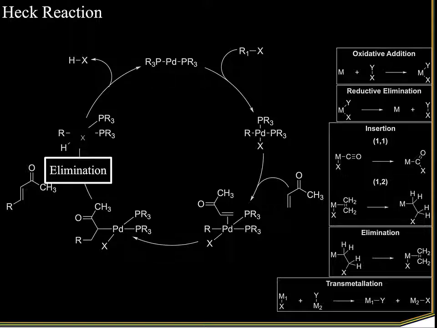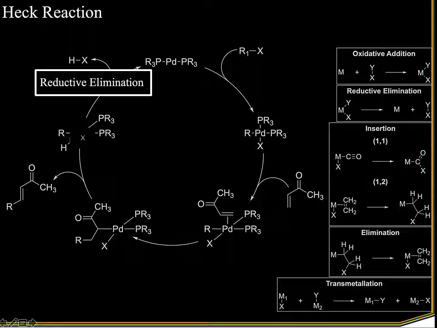Now we're left with a palladium that is bound to a hydrogen and an X group, not an R group. And so once we are here, we undergo one final reductive elimination step to kick off HX and regenerate our active palladium transition metal complex. And so this is the Heck reaction, and we can analyze these using these fundamental reaction types.